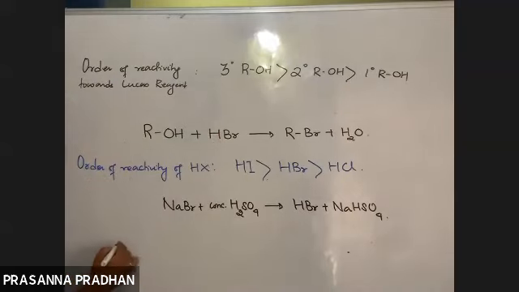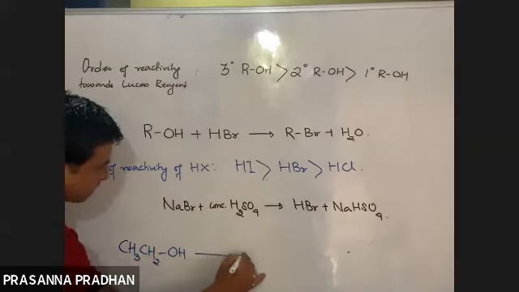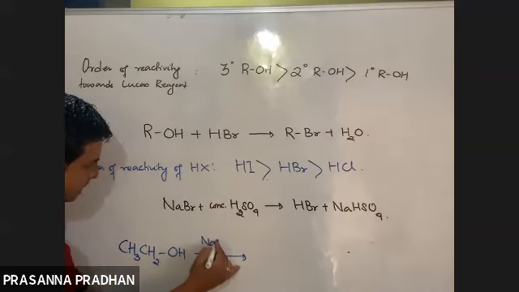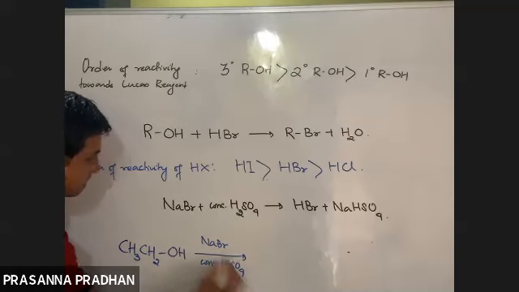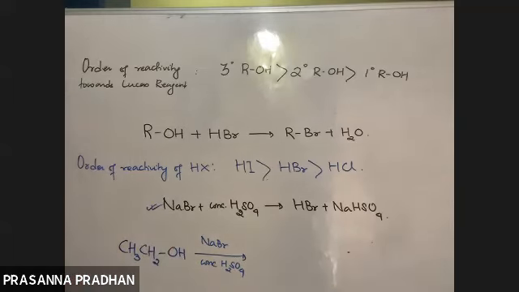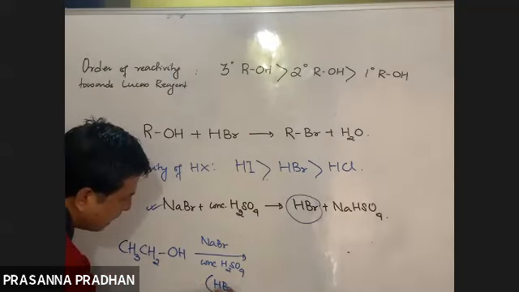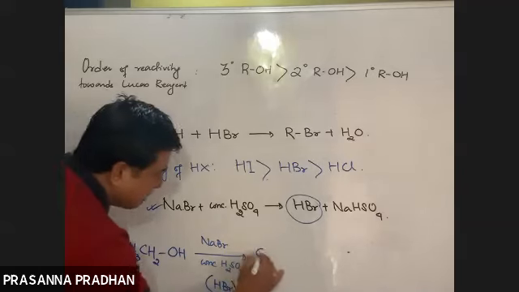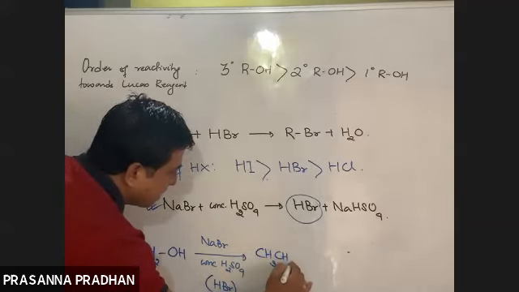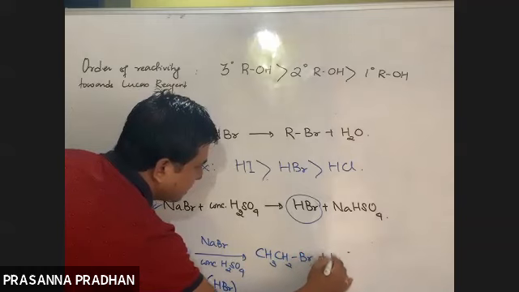Say for example, I have CH3CH2OH, this alcohol. If I treat this with, say, NaBr and conc. H2SO4, you need to remember this much now. NaBr and conc. H2SO4 will produce what? It will produce HBr. These two will react and it will produce HBr. And how does alcohol react with HBr? We know the OH group will now get substituted by Br, like this, plus H2O.